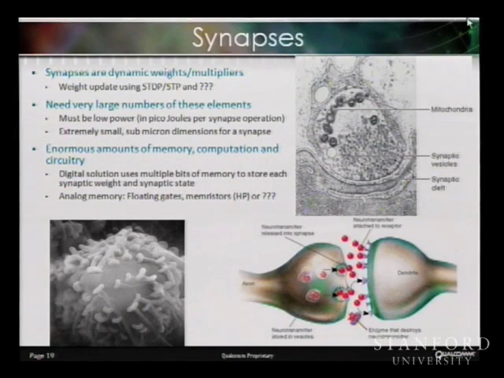More conventional technologies have been using floating gates to implement synapses. Carver Mead pioneered a lot of this work, and he came up with the sub-threshold operation of MOSFETs as an analog to real biological synapses and neurons.